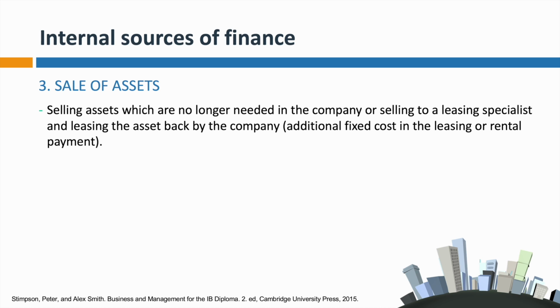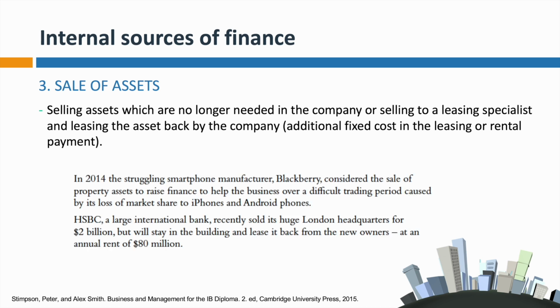The good thing about this is that you can still use the assets if needed, for example, by leasing back the asset. And this is going to create an extra cost, a fixed cost. However, at the beginning, after the sale, you're going to get a large sum of money that you can spend right now for anything that you want.